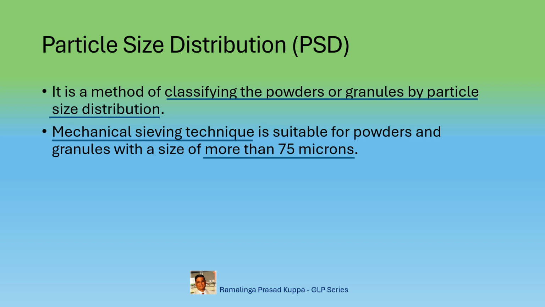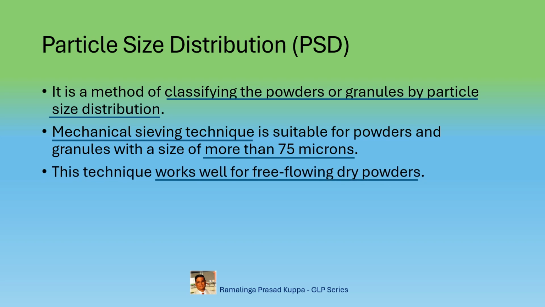Generally, products with a size lower than 75 microns have very low density and a tendency to stick closely with other particles, making it difficult to sieve. Other suitable techniques using air jet may be suitable for classifying such powders.